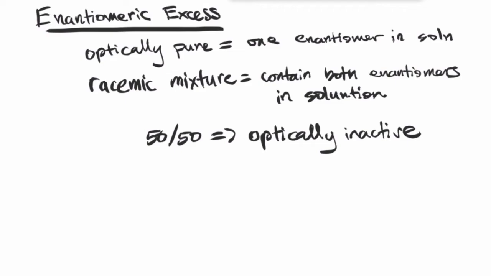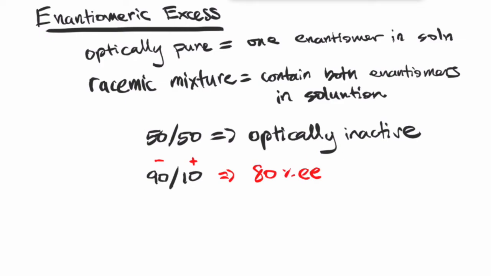But beyond this 50-50 mixture, you will always have one that will dominate more than another. And that is what we call enantiomeric excess, when one enantiomer outweighs in concentration the other enantiomer. Let's say you have 90% of one enantiomer, and we found out that that was a negative optical rotation, versus 10% of the other enantiomer. Then we would have 80% enantiomeric excess. And so how do we come up with this 80% number?